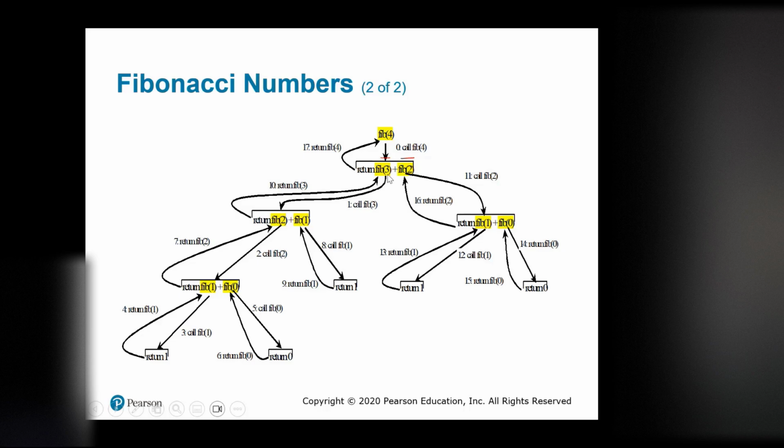Now, when we call Fibonacci 3, it is going to give us Fibonacci of 2 plus Fibonacci 1. Then Fibonacci of 2 is going to give us Fibonacci 1 plus Fibonacci 0. Fibonacci 1, we already have the value as a base case.